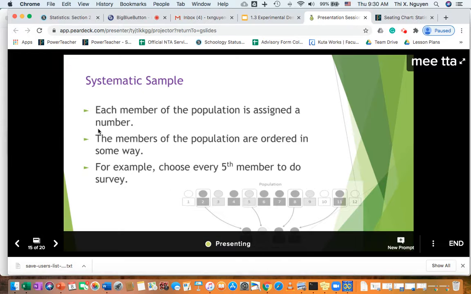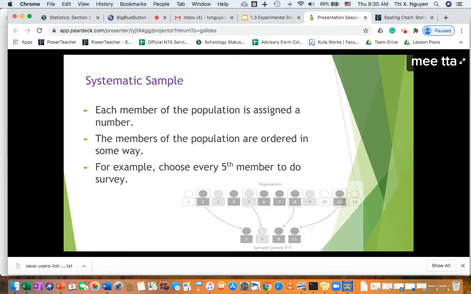So over here, the example would be that you assign some sort of a number, and then you organize them in a certain way. For example, I'm going to choose every fifth member to do surveys.